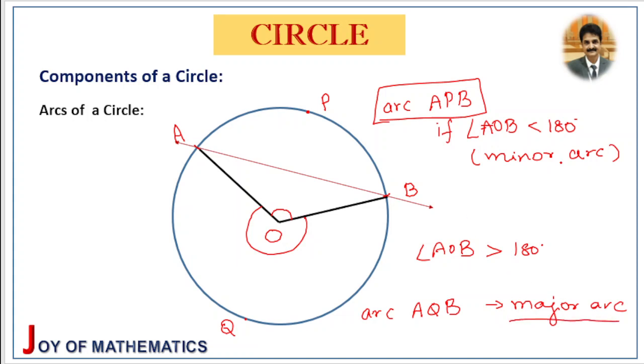We can have many minor arcs, but a major arc can be only one, because if one arc is a major, the other has to be a minor. Together they make 360 degrees, isn't it? If one of the angles is more than 180, the other has to be less than 180. So this is about the arcs of the circle.